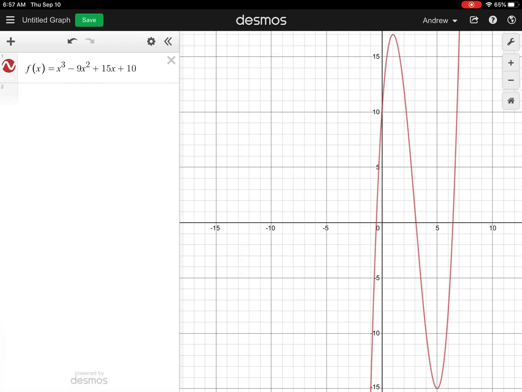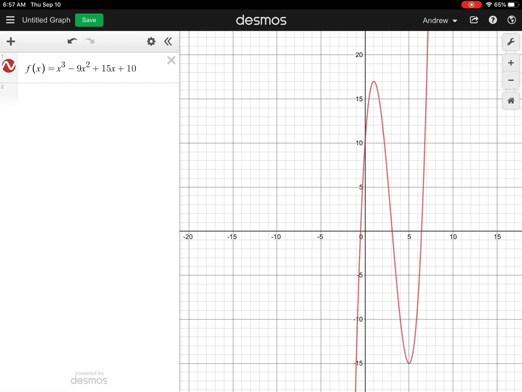So there's our position function, which we can see over here on the left. And we can see our changing of signs, changing sign at 1, changing sign at 2. So we can see that the particle is moving upward from 0 to 1, all the way down to negative 15 from 1 to 5, and then all the way back up.